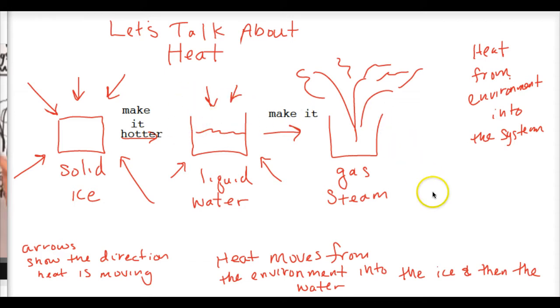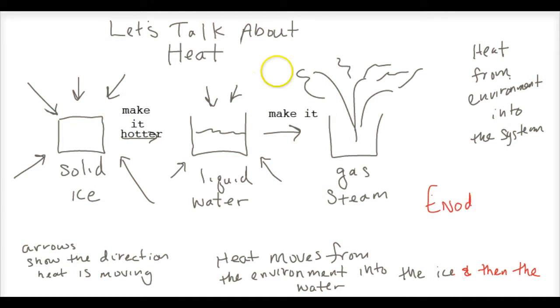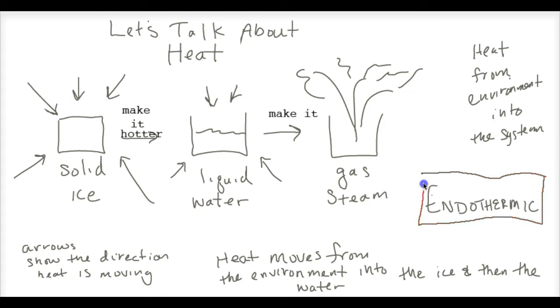When all of this takes place, we say that this type of heat direction and movement causes an endothermic situation. So now that I've fixed my handwriting and my spelling, it is endothermic when heat is being entered from the environment into the system to make a phase change.